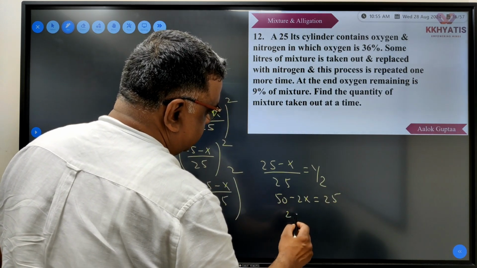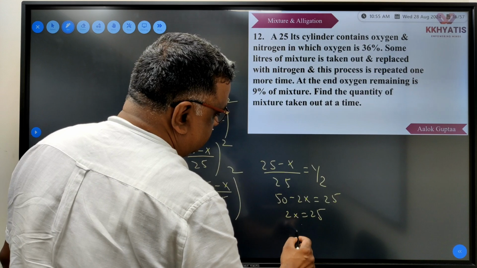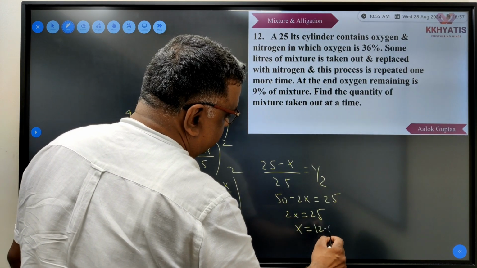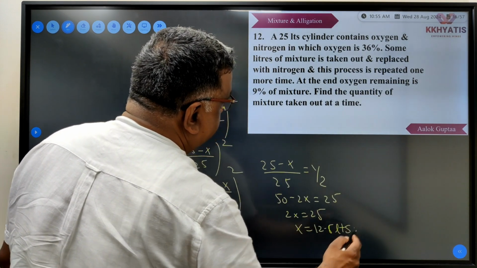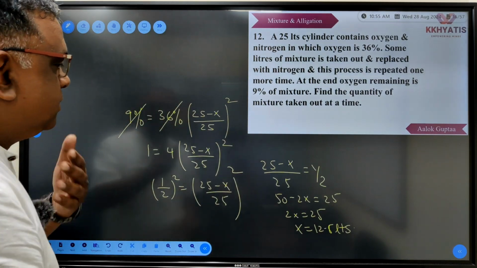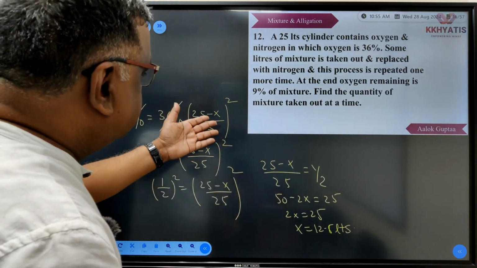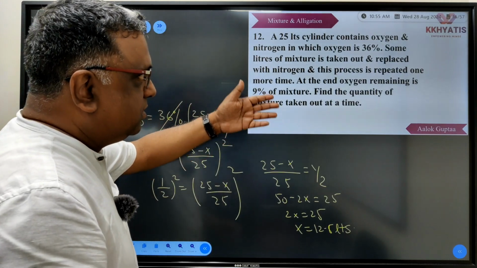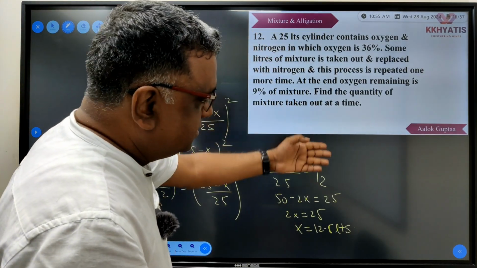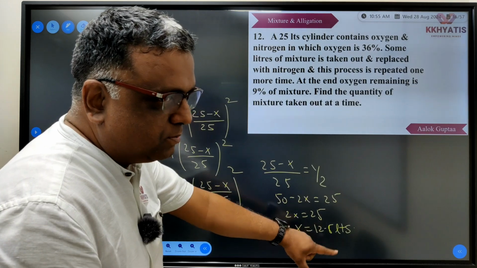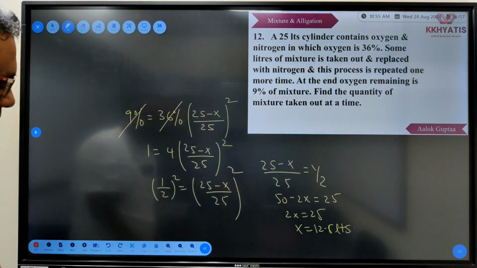So 2X is 25. So X is 12.5 liters. So what is X? The quantity which was taken out. So that's what we've been asked. So at a time, the quantity taken out was 12.5 liters, right?